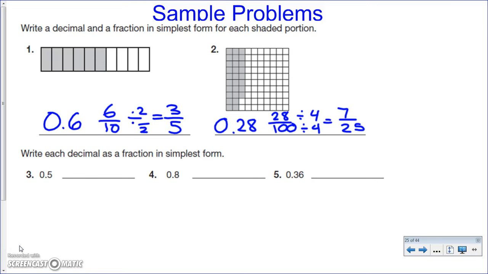For numbers 3 through 5 here, we're going to write each decimal as a fraction in simplest form. So the first thing we're going to do is write the fraction 5/10, because we have the decimal 0.5, we're going to write the fraction, and then we'll simplify. We know we can divide 5 and 10 by 5, so we're going to do that on the numerator and the denominator, and we're going to get 1/2.